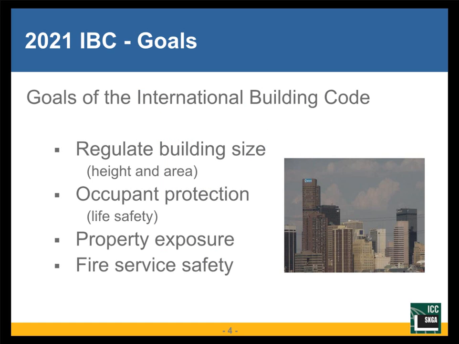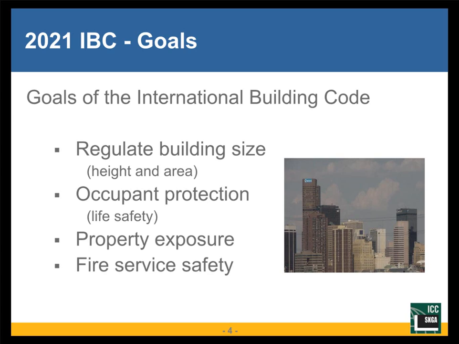With that, one of the real basics when we deal with fire resistance in buildings, sometimes people maybe are not aware, but historically, the main purposes or goals that the International Building Code, and really most building codes, try to accomplish is they try to regulate just how big a building they're going to allow to be constructed.